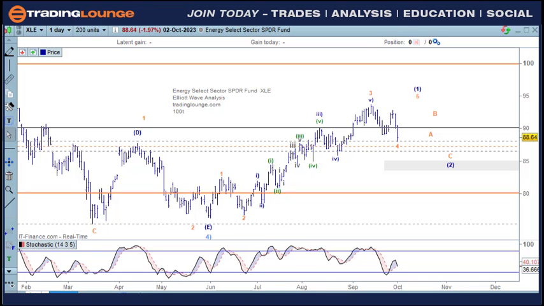The energy sector's got me a little bit confused, because XOM and crude pushed up here to make a top, so I could put this top here, but this one here didn't make this top. I don't want to give it a truncated 5th wave because it looks like it's in 3 waves up here.